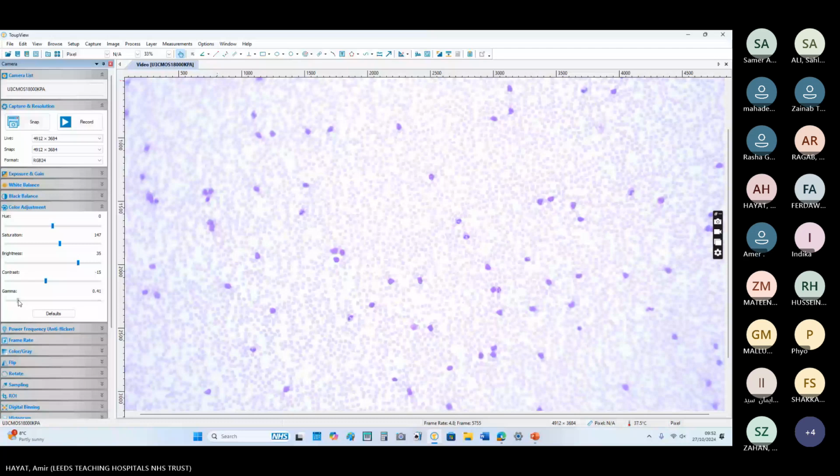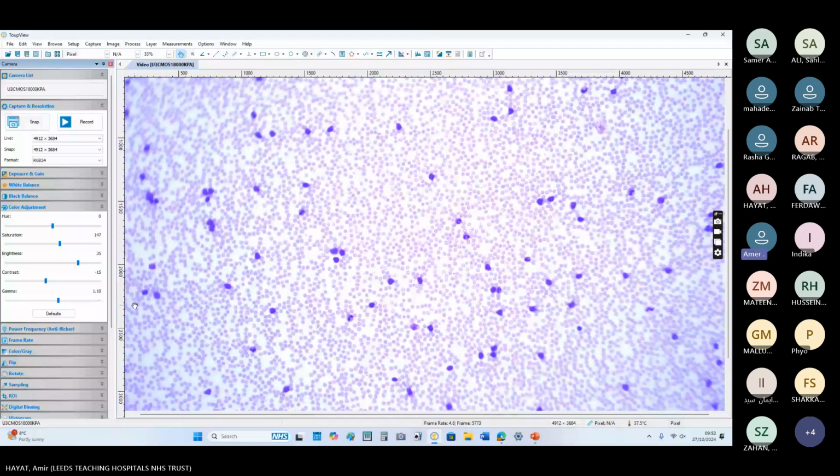All right. So anyone from the lab side, because the blood film first goes to the biomedical scientist or lab hematologist, if they want to volunteer to comment on the blood.